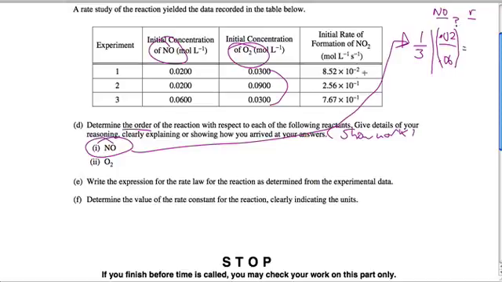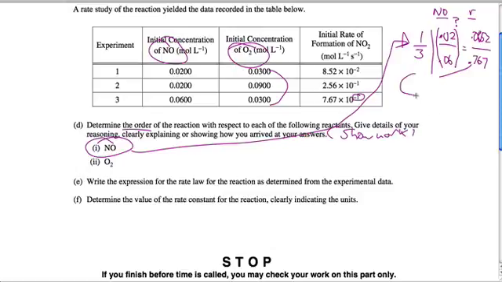And I notice that I have 8.52 times 10 to the negative 2. That's going to be 0.0852. And I'm going to divide that by 6.67 times 10 to the negative 1, which is going to be 0.767.